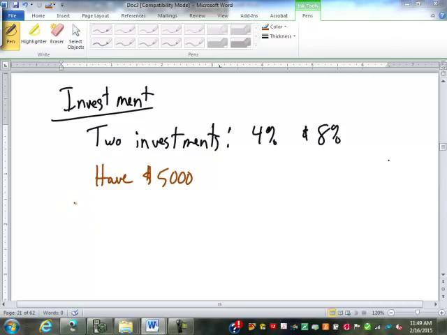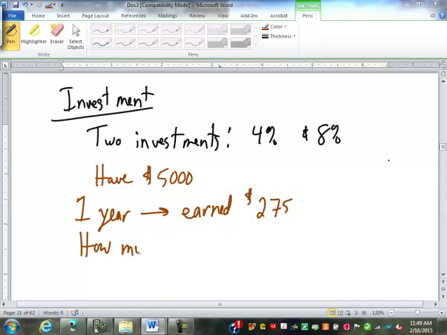At the end of 1 year, you have earned a total of, let's see here, $275 we're going to go with. So here's the question. How much was in each investment?